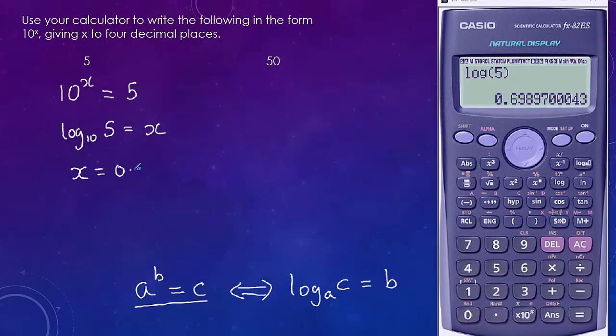So 0.6990, correct to 4 dp. And so we can say that 10 to the 0.6990 is equal to 5.